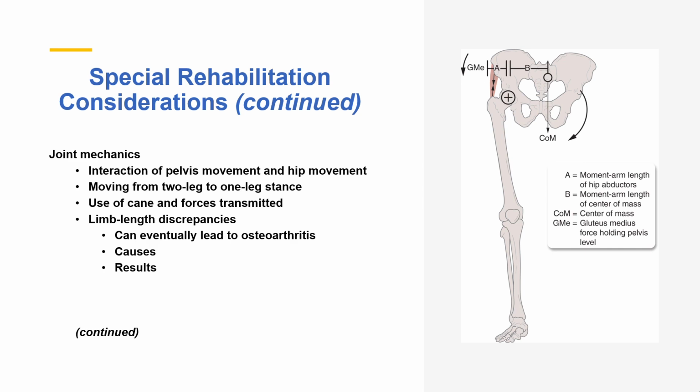And this occurs because the longer limb is in a position of adducted angulation when weight bearing, thereby producing incongruence within the joint and leading to greater body weight shifts towards the shorter limb.